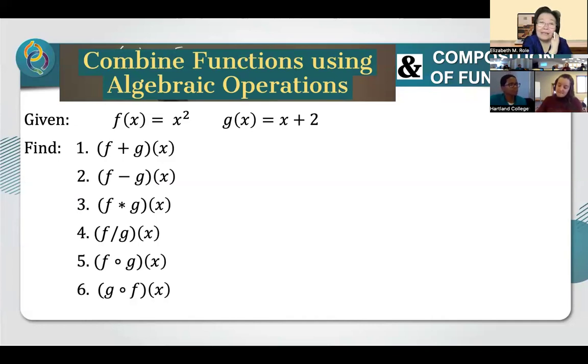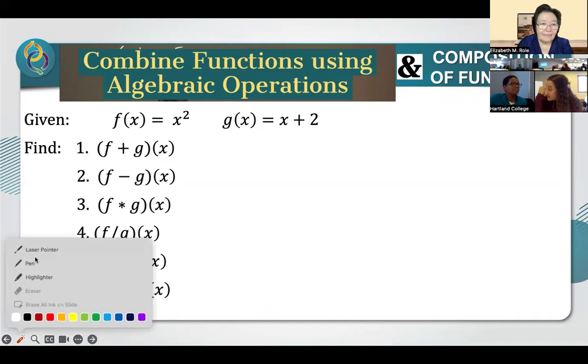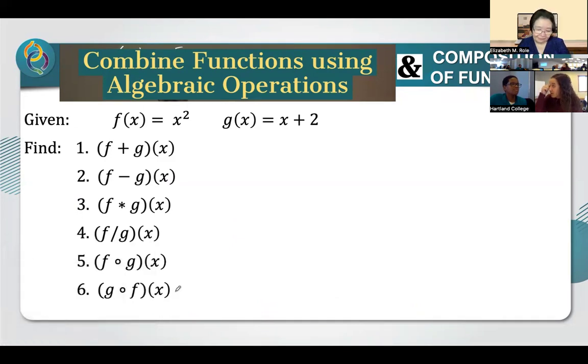Okay, maybe number 1, that's easy. We can do mental math. f plus g. All right, number 1. That's easy. X squared plus x plus 2.